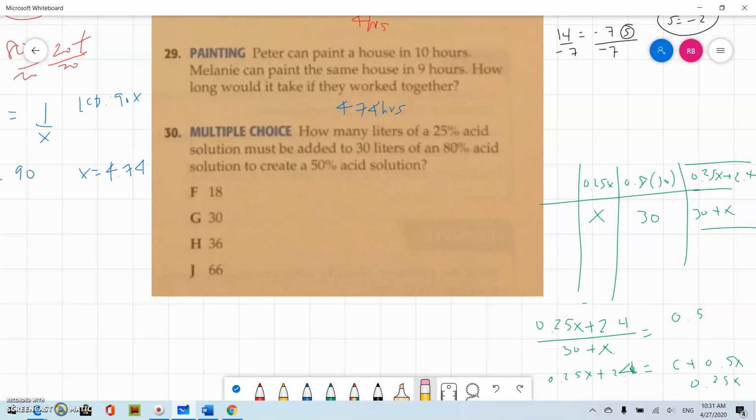Sorry, my calculation was all off. This should have been 15, and this should have been 24, not 2.4. So if you do everything, it becomes x equals 36. So 0.25x plus 24 over 30 plus x is equal to 0.5. And when you do the calculation correctly, which I didn't before, you should get 36.